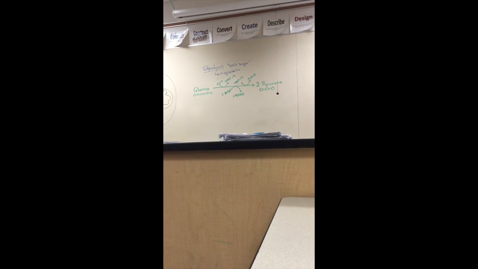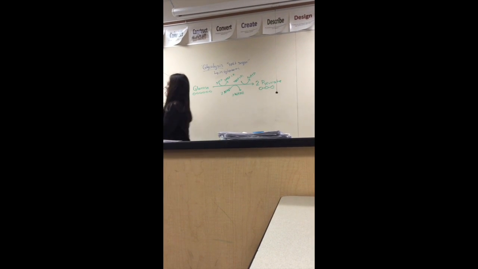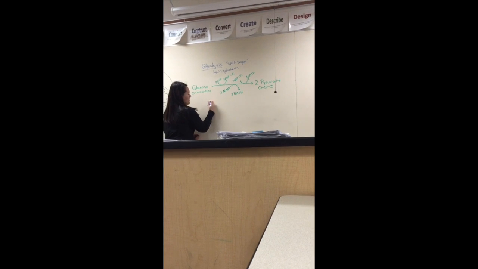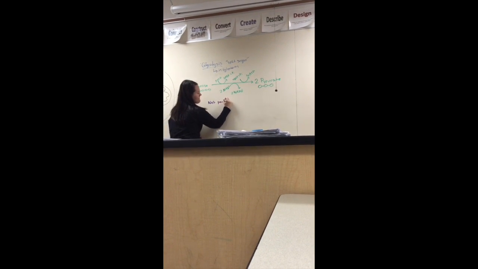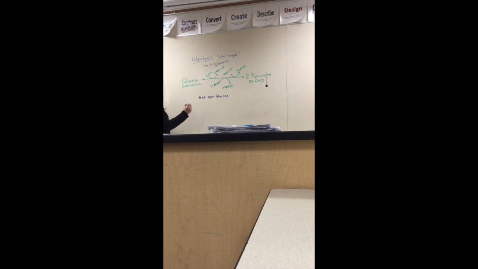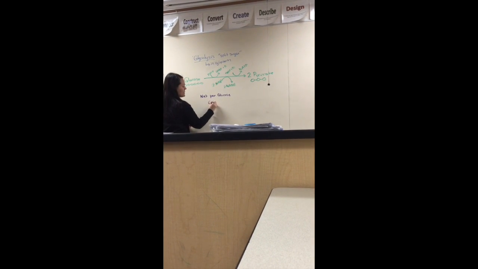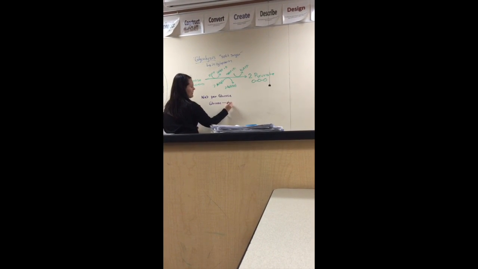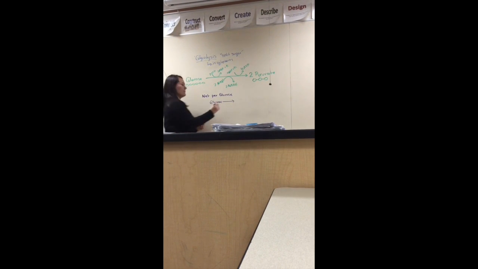If I'm looking at the net production per glucose, I started out with glucose, right? And what did I get from that? How many pyruvates? Two.